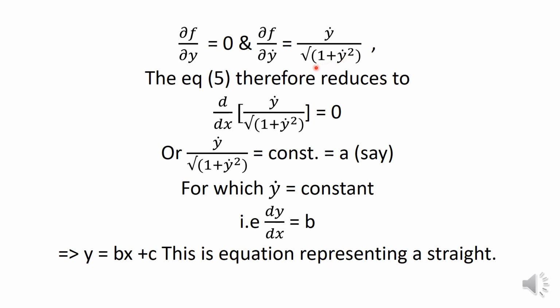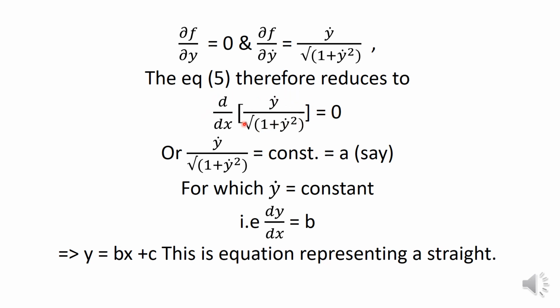And therefore, equation 5 reduces to, after putting ∂f/∂y equal to 0 and ∂f/∂ẏ equal to ẏ by the square root of 1 plus ẏ squared, d/dx of ẏ by the square root of 1 plus ẏ squared is equal to 0.